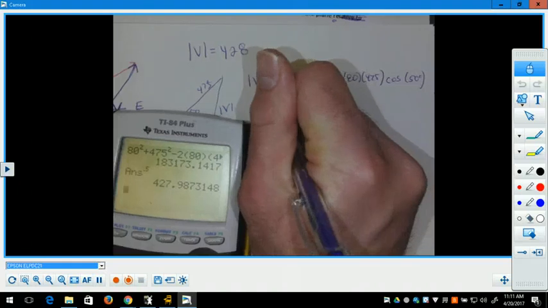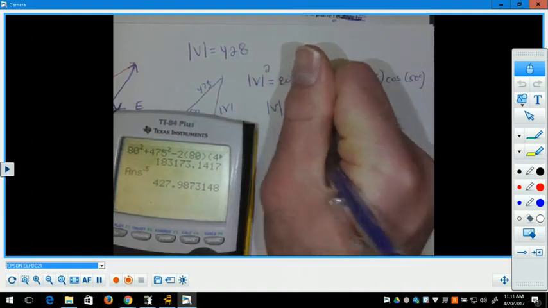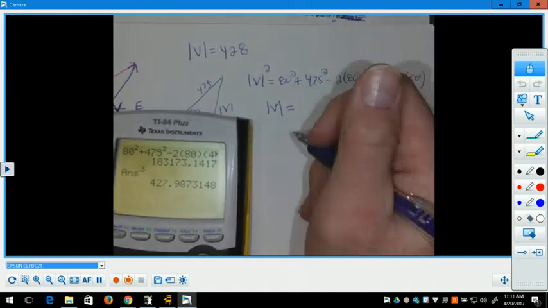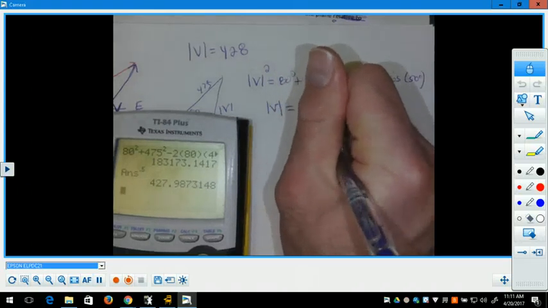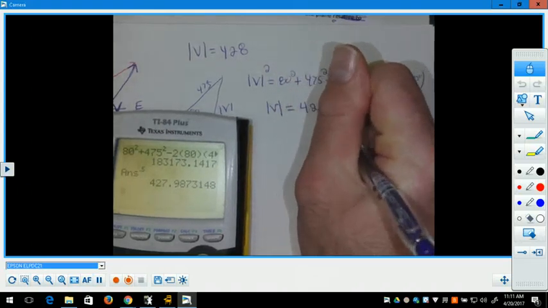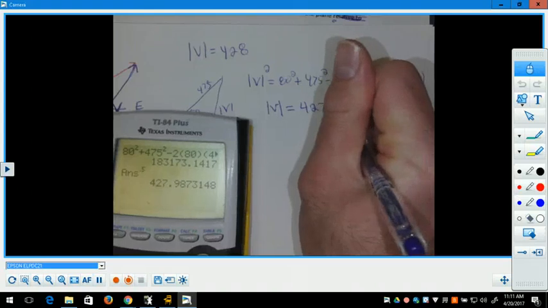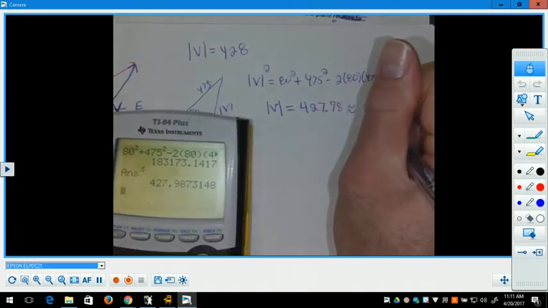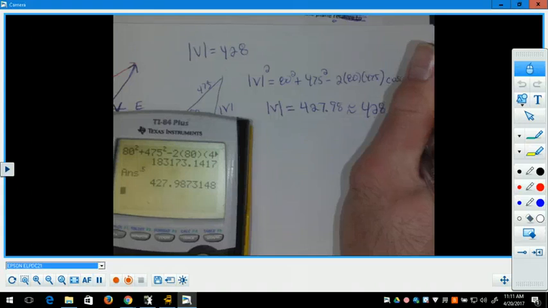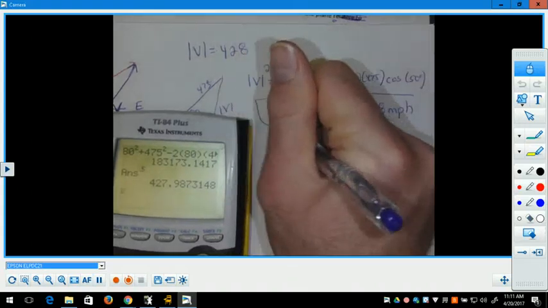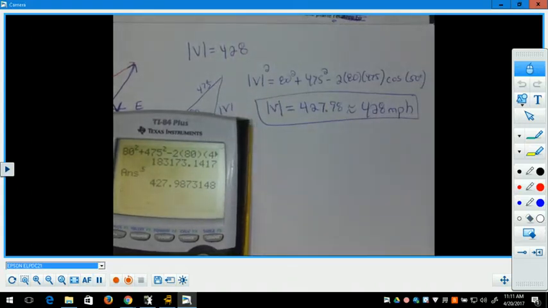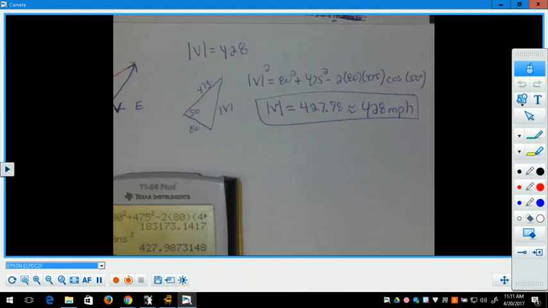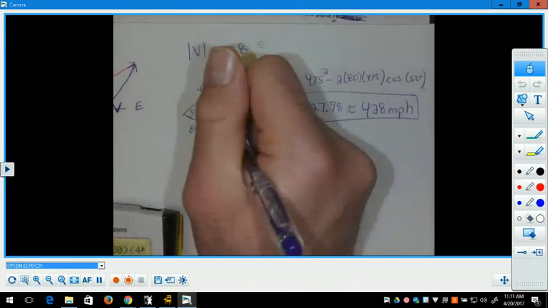So we get that the velocity of the plane after being affected by the wind is 427.98, so roughly 428 miles per hour. So we have our speed, the magnitude of the vector. So now instead of V here, I have a 428.